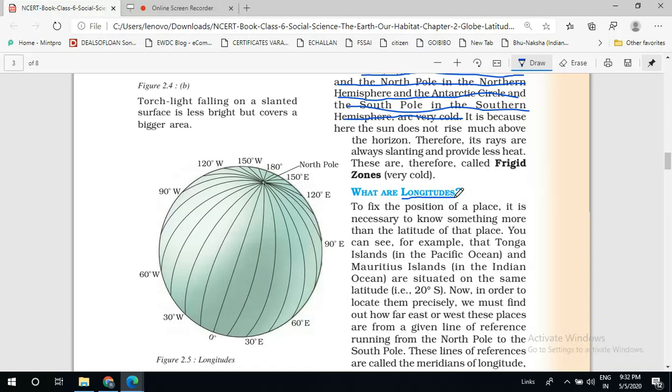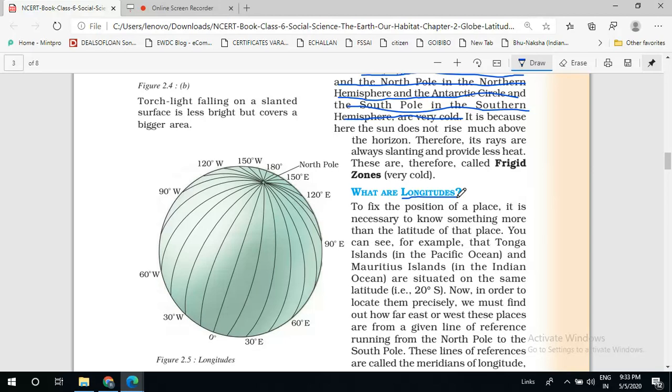The aim of this chapter is to locate a place on the earth's surface. In order to locate a place on the earth's surface, we have drawn imaginary lines which are parallel to the equator, and they are called latitudes.